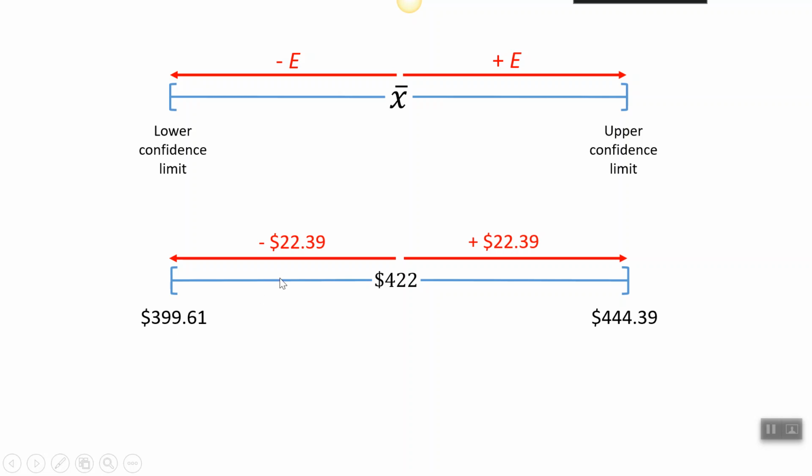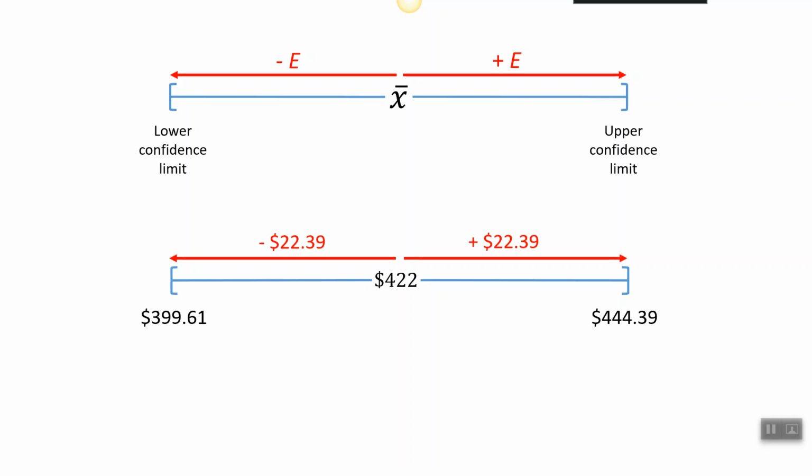Now the margin of error was not directly given to us in the output, but I can surmise just from looking at this that if my middle value is 422 and the upper limit went as far as $444.39, they basically added $22.39. Of course, that makes sense if you do the arithmetic on the left side. They subtracted $22.39. So our margin of error for this problem, in the same unit as our data, is $22.39.